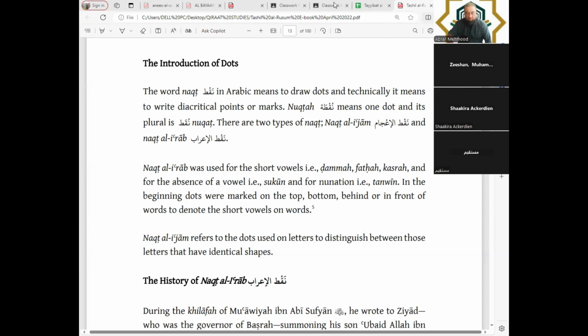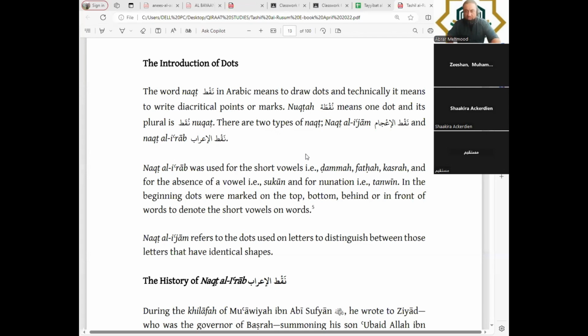So the first point that we've come across here is Naqtul I'rab. So here it's clarified singular and plural and so on and so forth. This is actually referring to the vowels. Naqtul I'rab is referring to the vowels, and Naqtul I'jam is referring to the actual dots.